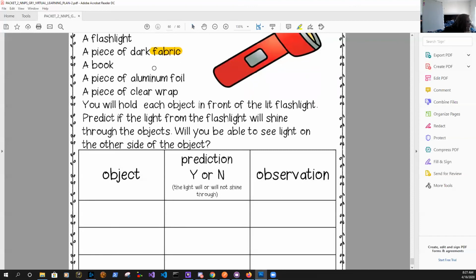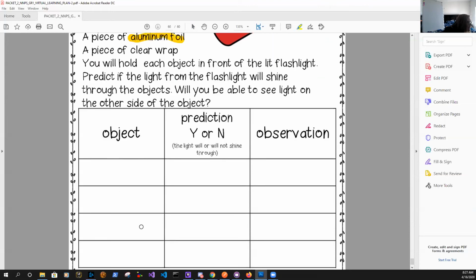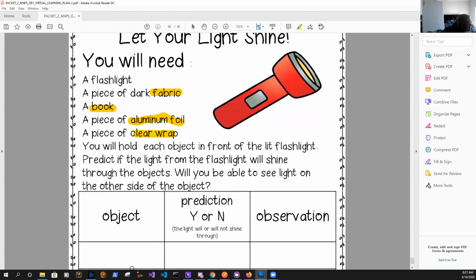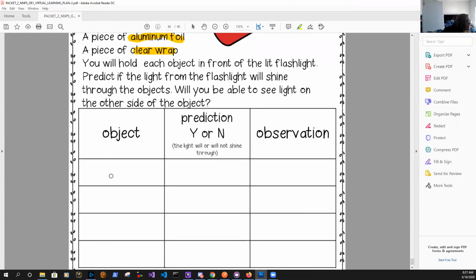So we would write fabric here, book on the second one, aluminum foil in the third box, and clear wrap in the last one. So fabric in the first box here, book in the second one, then aluminum foil and clear wrap. Those should be listed, one in each box in this column because that's where our object goes.